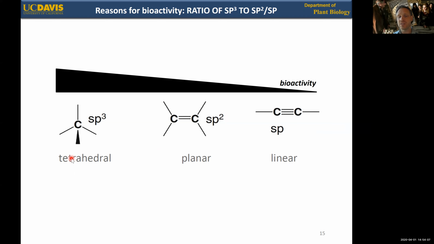And that makes a lot of sense because the sp3 hybridized carbon atoms really give it diversity. They allow for stereoisomers. They allow for variation in configuration of the larger molecules that allow for differences in interacting with other molecules, specifically with enzymes.